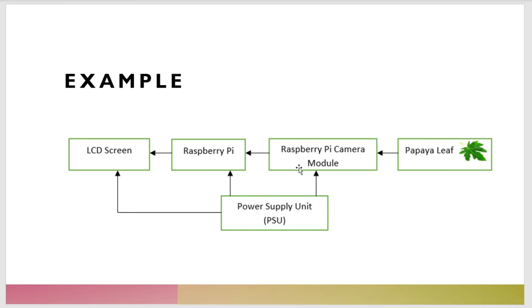And of course, the Raspberry Pi camera module will not work without the Raspberry Pi hardware. And then, the power supply unit will supply, of course, the Raspberry Pi. So, how will it turn on without a supply, right? And then, the output of the scanned papaya leaf will show in the LCD screen.